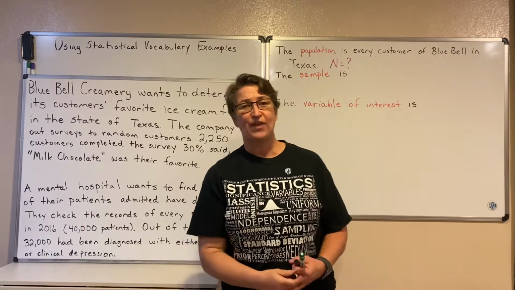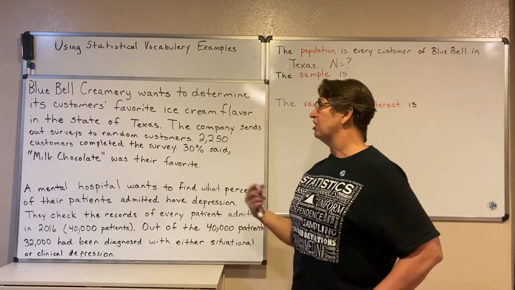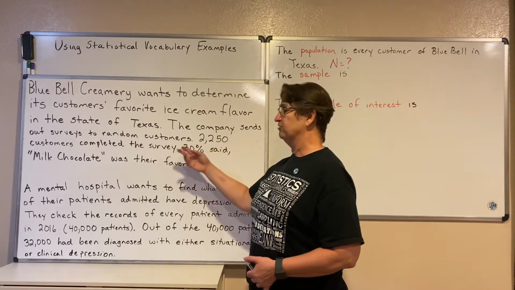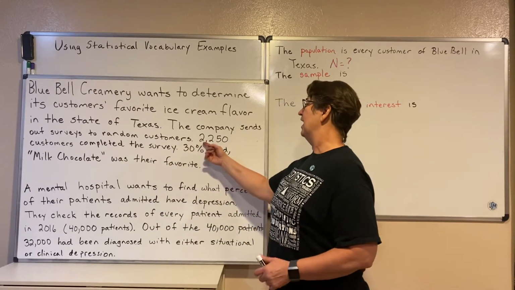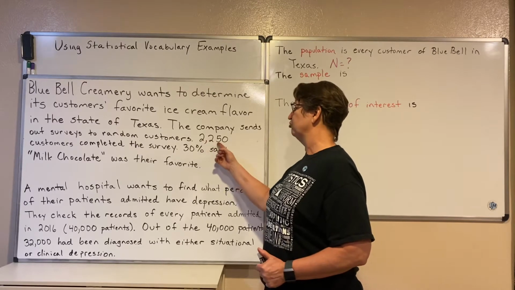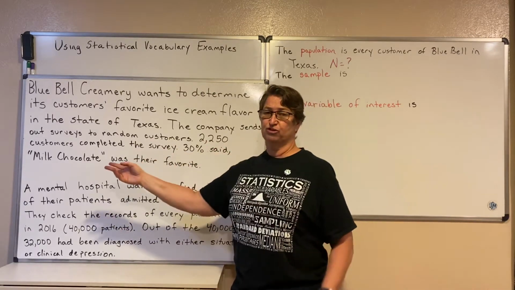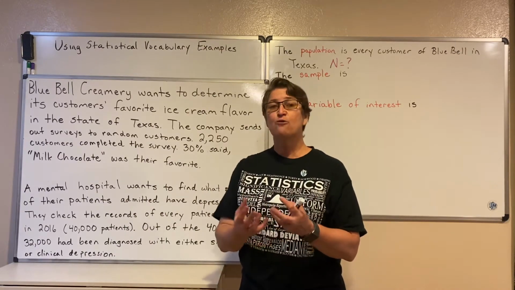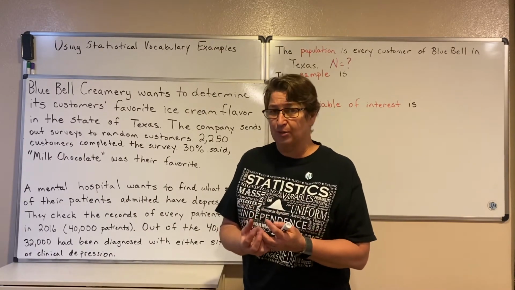So instead, what they did was they went out to some of their customers and they sent out surveys to random people, and 2,250 customers completed that survey. So they were able to collect data from part of that population.